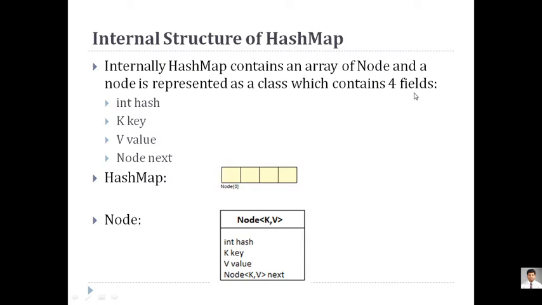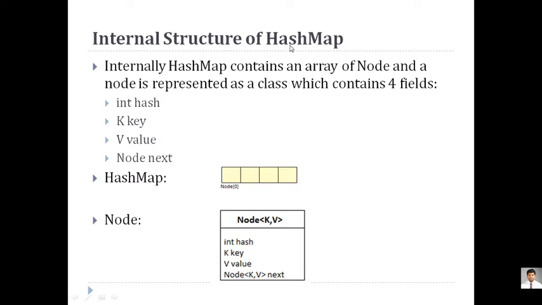So what are the most important fields considered whenever we go for HashMap? There are four things. First is init hash, the initialization of the hash. By default, whenever a hash table is created, it assigns a size of 16. So by default the value of this int hash will be 16, because it provides a size of 16 by default. This is nothing but the capacity of the hash table. Then K is the key, which stores key values that are always unique. V are the values, which can be null and can also be duplicate. And Node next is nothing but a reference to the next node.